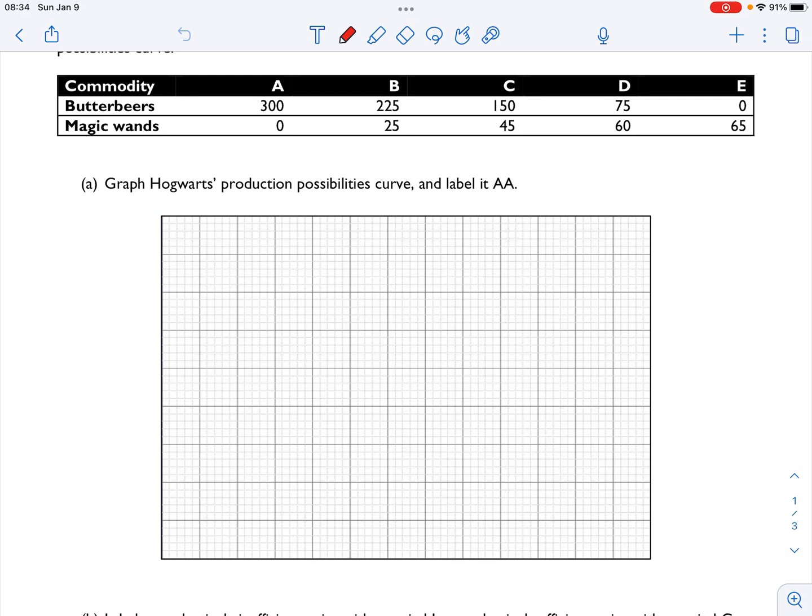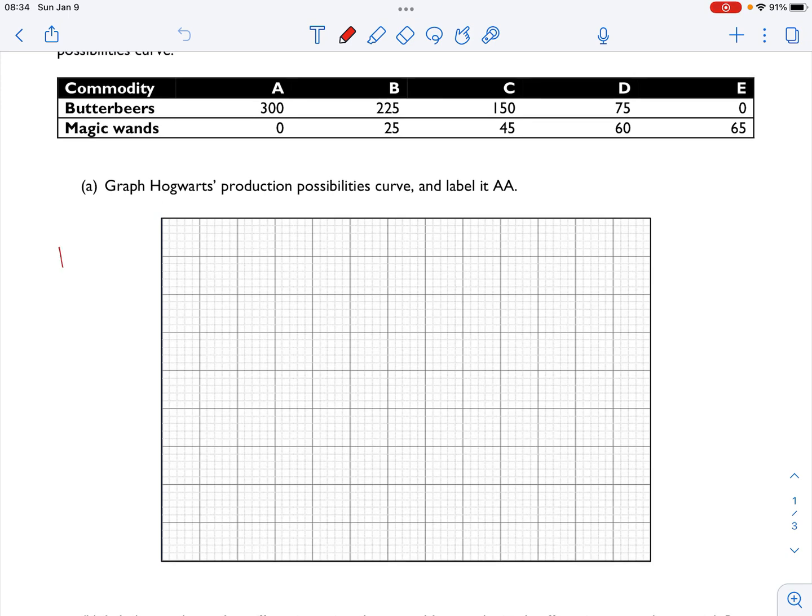So first thing, you have to practice good graphing hygiene here. The best way to do this, in my opinion, doesn't have to be this way, but I'm going to put Butterbeers on the vertical axis, and I'm going to scale those by 50s, so 50, 100, 150, 200, 250, up to the maximum number of Butterbeers that Hogwarts can produce of 300.